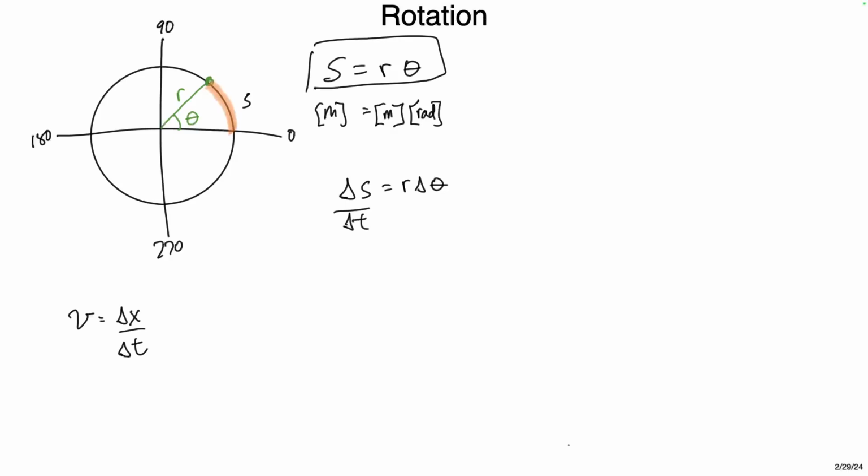And so if I divide this by time, I'm now getting an idea here, right? A change in angle over a change in time. And we're going to define this. We're going to say that delta theta over delta t, we're going to call that the angular velocity.